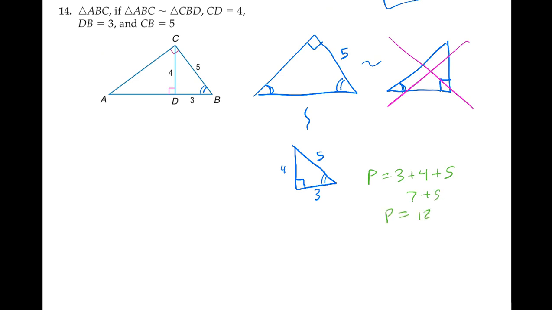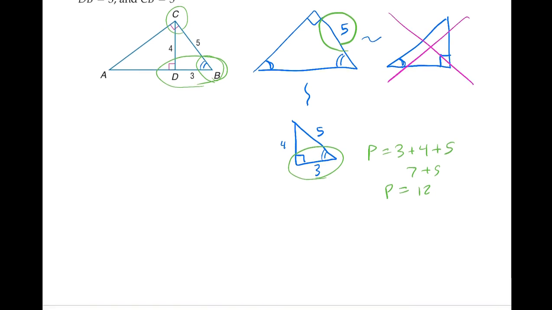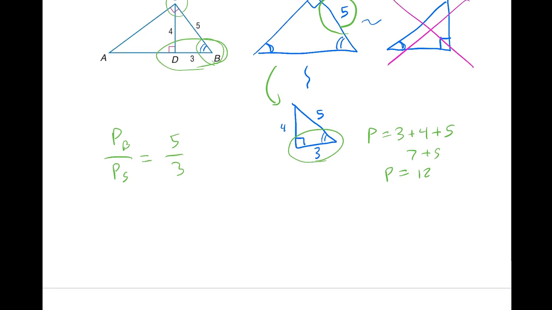And we know that this side on the top between angle B and the right angle is the same as the 3 here that's between angle B and the right angle. So we know those two go together. So the ratio of the perimeter of the big to the perimeter of the small is in a ratio of 5 to 3 because those sides correspond.